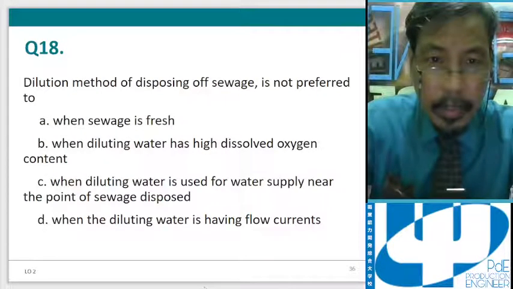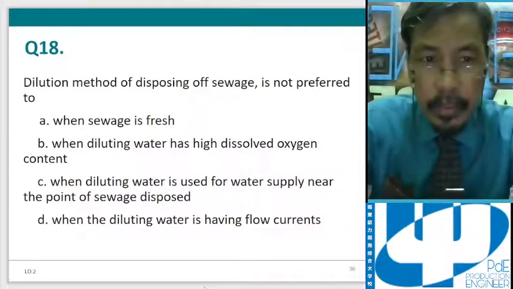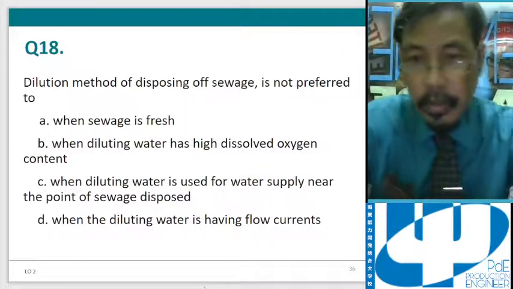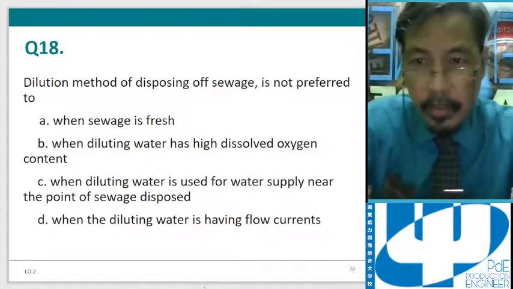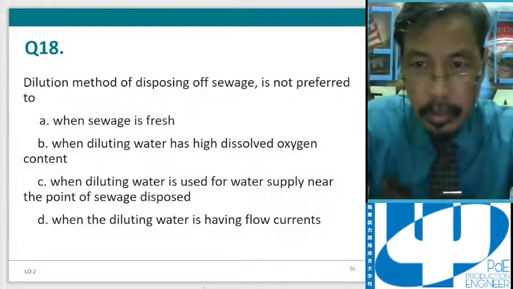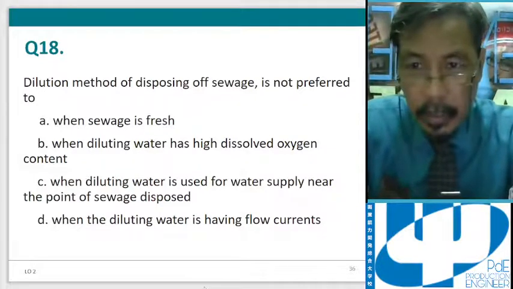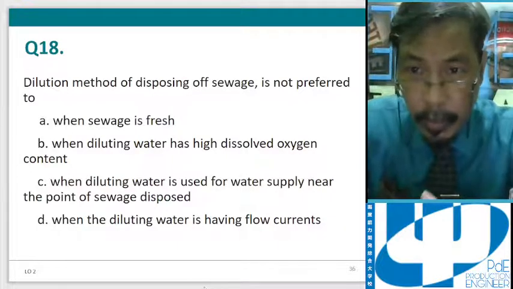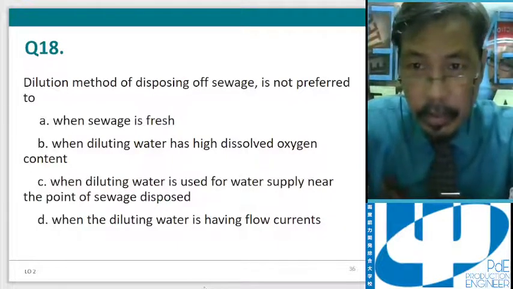Dilution method of disposing of sewage is not preferred when: A, sewage is fresh; B, when diluting water has high dissolved oxygen content; C, when diluting water is used for water supply near the point of sewage disposal.